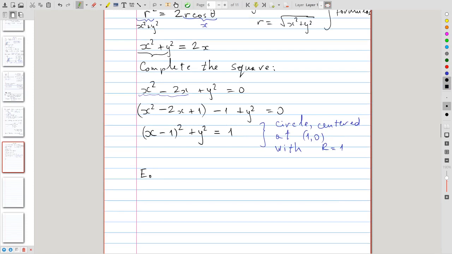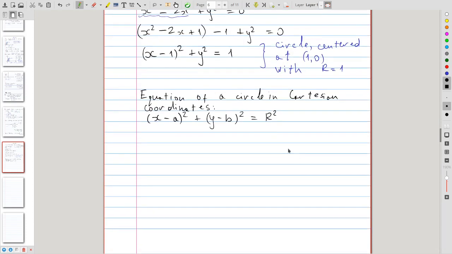So indeed, if you recall, the equation of a circle in Cartesian coordinates is of the form x minus a squared plus y minus b squared equals r squared.